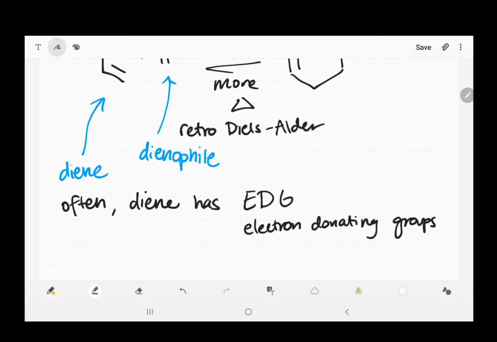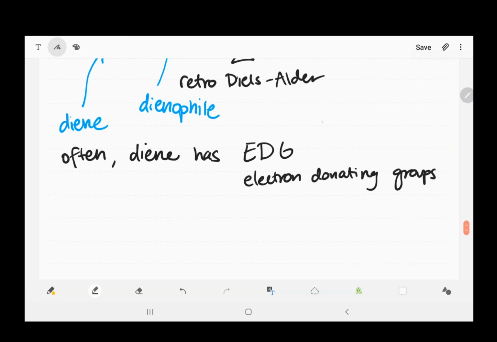Do we remember what electron donating groups are? Some examples of them, things like these. Alcohols, amines, ethers, these are electron donating groups. They push electrons into your system.